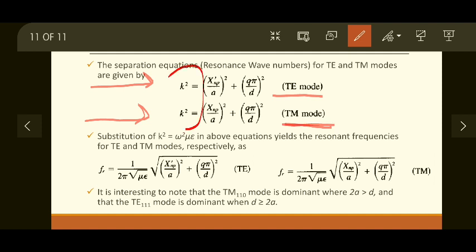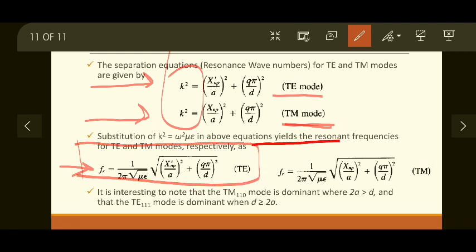Once you get this wave number, it is easy to find the resonant frequency, applying the same formula that we applied for the rectangular cavity resonator. Use the formula for k square in that formula, and you will get the frequency of resonance for TE and for TM mode using these two formulas.